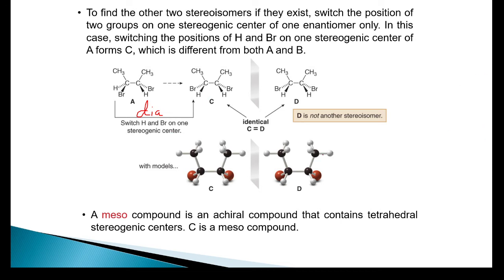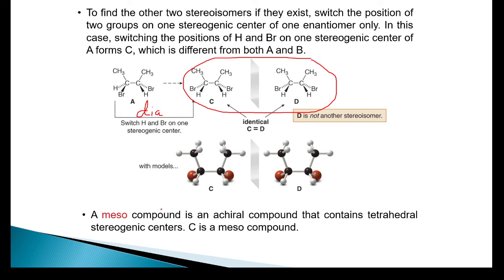The problem is, if you draw the mirror image of this new compound, they're identical. They're the same thing. So even though the math says we should have 4 stereoisomers, we really only have 3, because the mirror image of our third one is an identical compound.